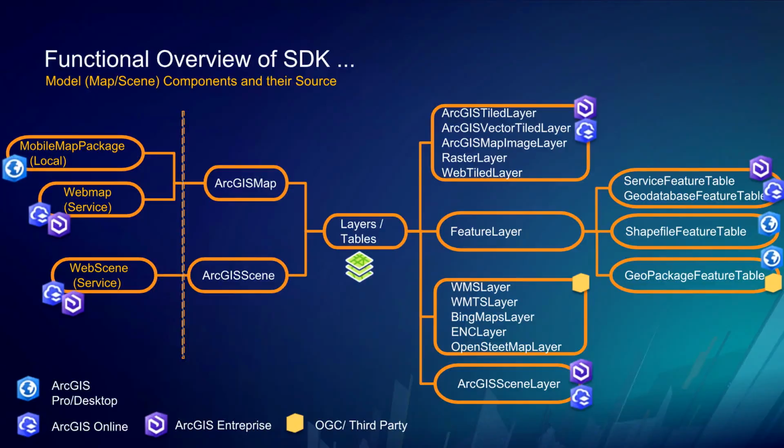For example, a map can come from a mobile map package, which is local content authored on ArcGIS Desktop, whereas it can also come as a web map from a web service, from ArcGIS Online or ArcGIS Enterprise. Similarly, a scene can come from a web scene, and each of these maps and scenes has a lot of layers and tables in them, which we will go into in more detail in further slides.